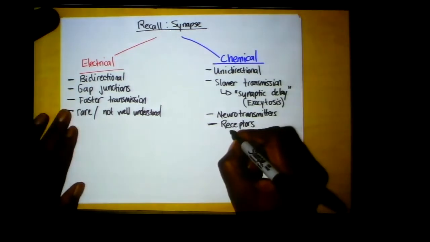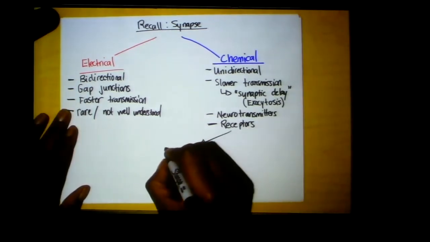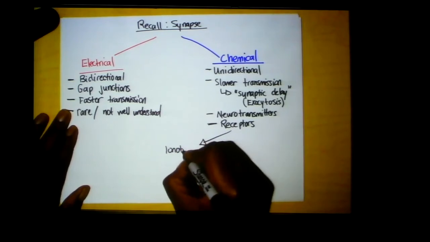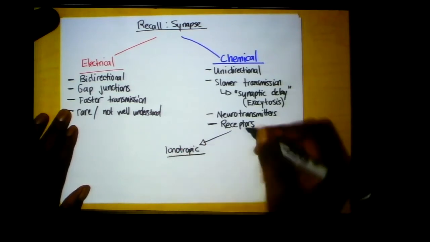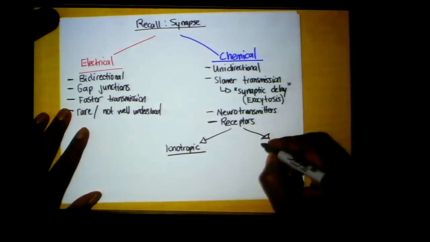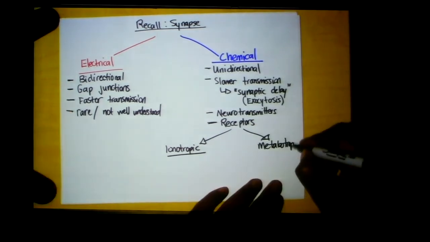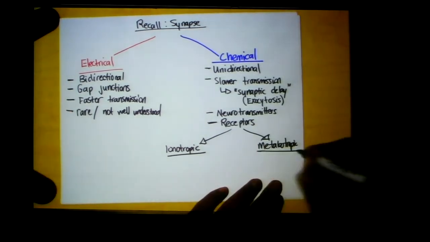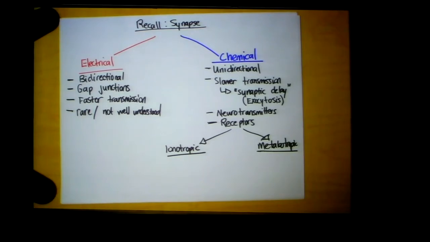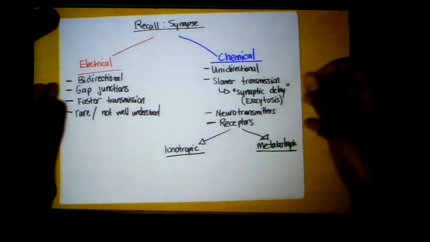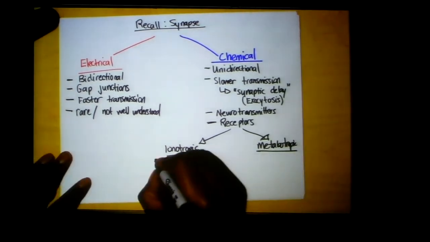Okay, so we talked about ionotropic receptors. And we talked about metabotropic receptors. Okay, and which of these were fast and which was slow? All right, so we said ionotropic was faster.